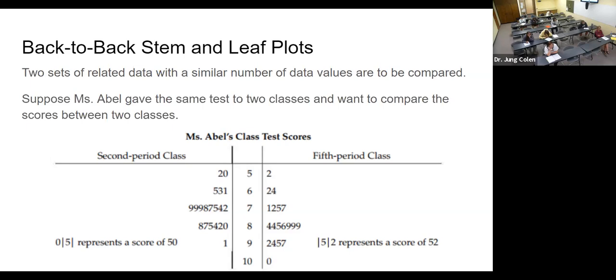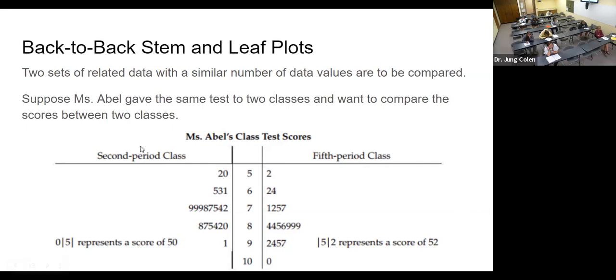For example, if you are comparing Miss Abel's two classes, let's suppose Miss Abel teaches a second period class and a fifth period class. She teaches the same level of students, but one period and the other period can have different scores, right? So to compare those two, it is nice to use a back-to-back stem-and-leaf.